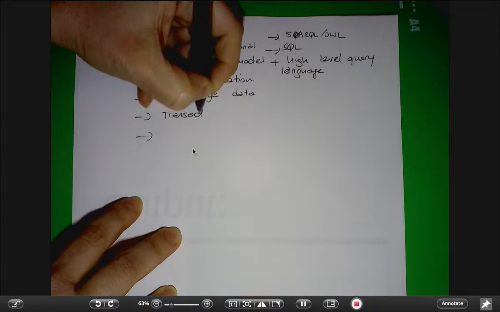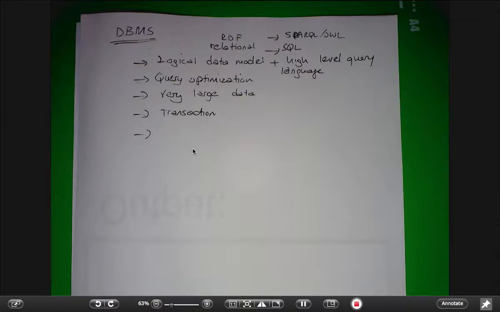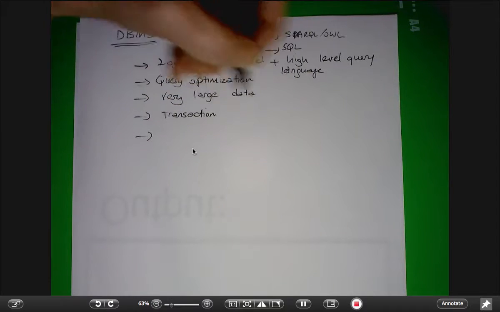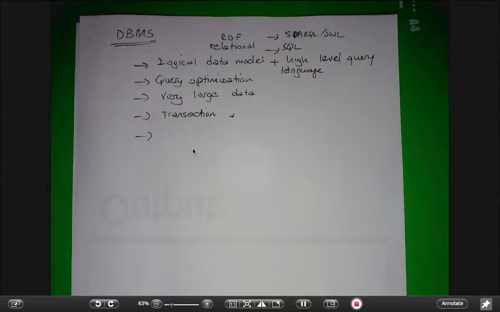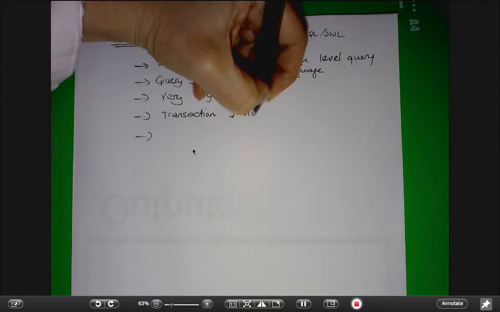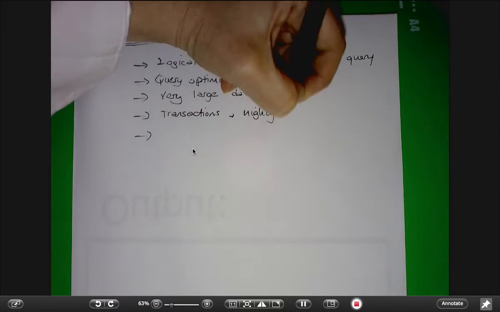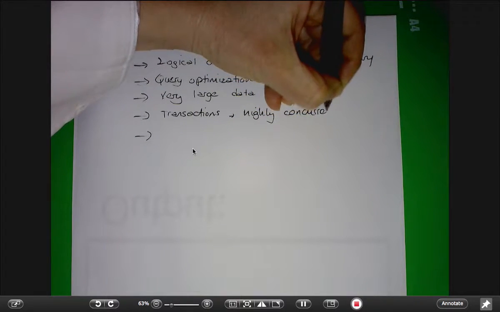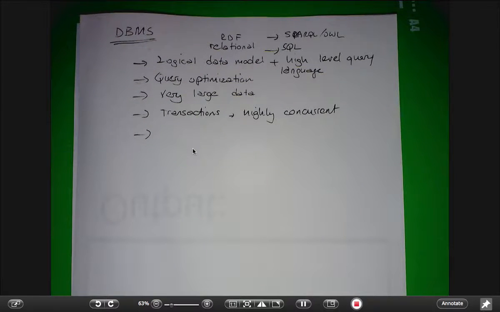So a transaction is a piece of program that changes the database. And we want transactions to be supportive of concurrency. Meaning that thousands of users can use the same database at the same time without creating race conditions, meaning that unless they are really trying to change the same data, they should all be able to access the database at the same time.